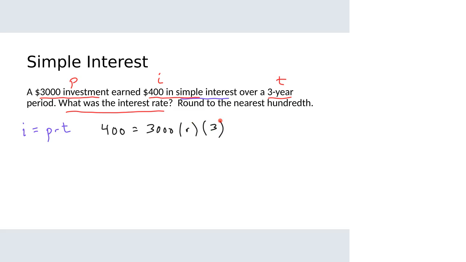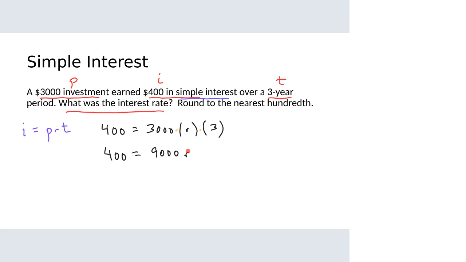So now we've got this equation that we want to solve for R. There are a couple different ways you can go here, but my advice is let's go ahead and clean up whatever we can over here on the right-hand side first. These are all just multiplied together, so we can multiply them in any order we want. We'll go ahead and multiply that 3,000 times 3 so that we have 400 equals 9,000 times R.